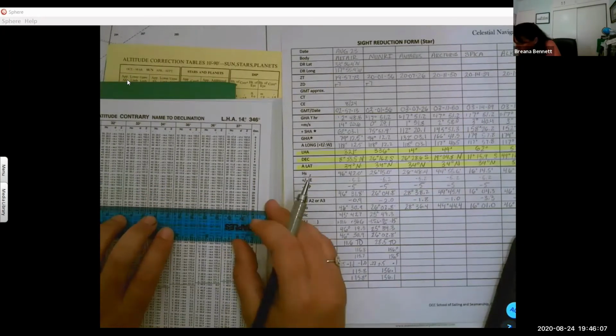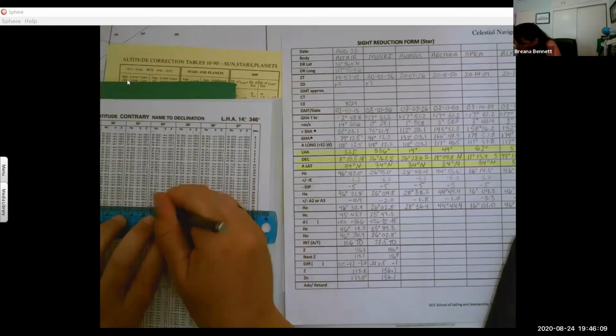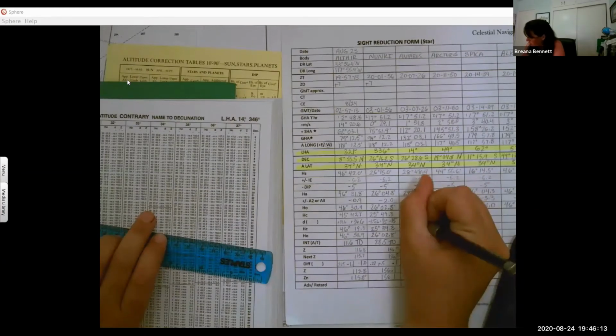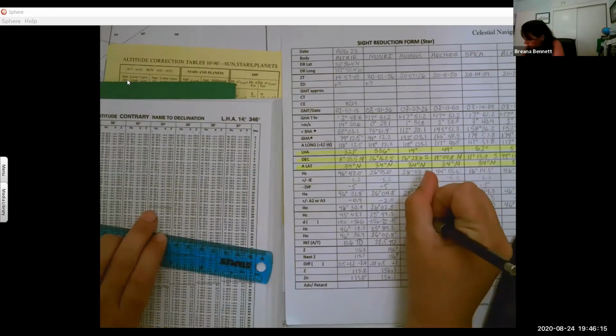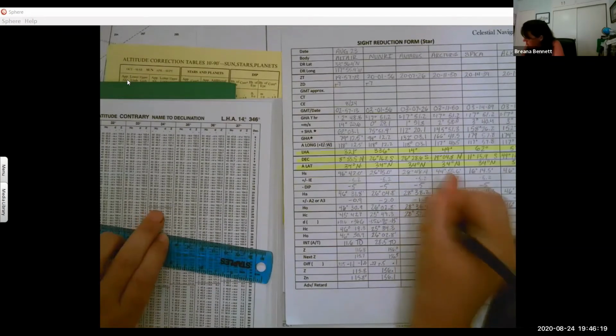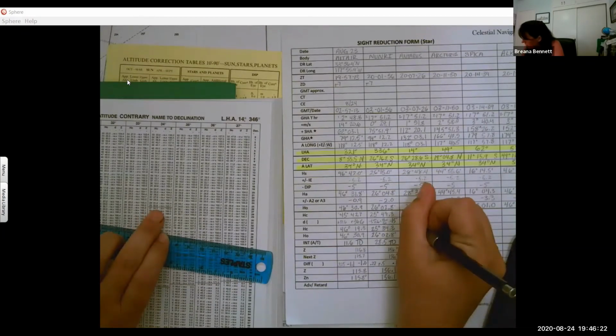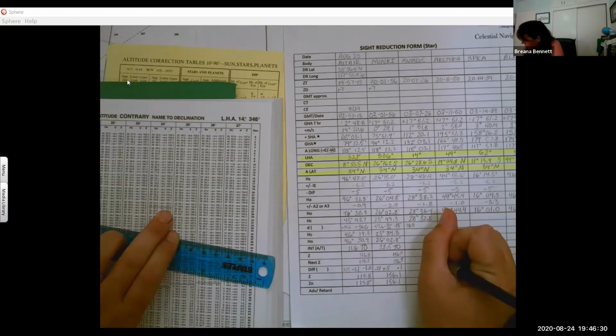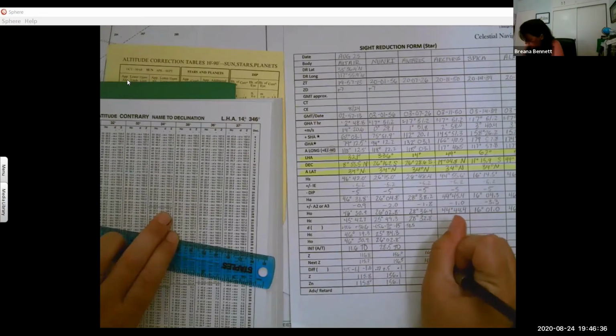So 26, 34. Okay, so we have 28 degrees, 32.8 minus a 58.5, and then we have a 165.7 and 165.9.